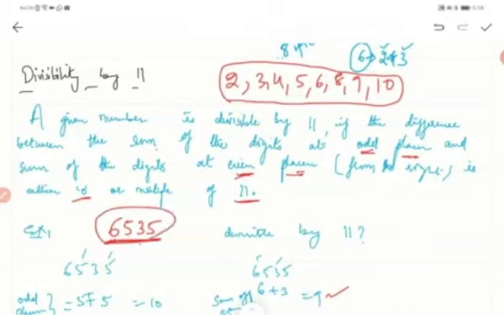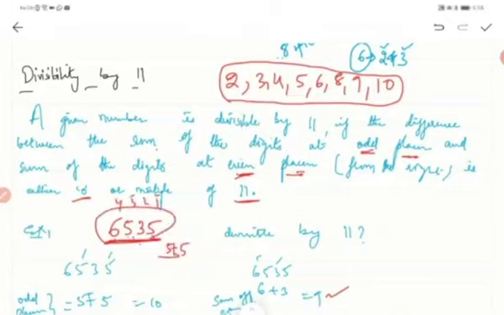So I have 6535. There are 1, 2, 3, 4 places, so 4 digits are there. First digit, you need to go from right to left. So at the 1st and 3rd places you have 5 and 5. So 5 plus 5 is the sum of the digits at odd places.